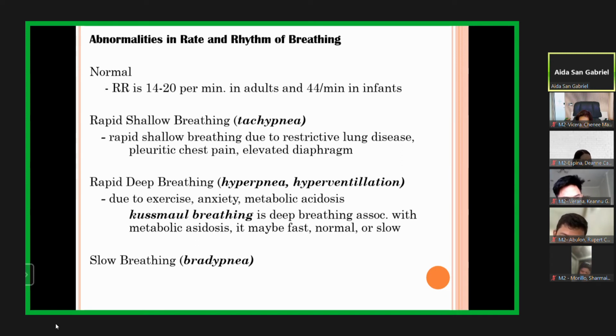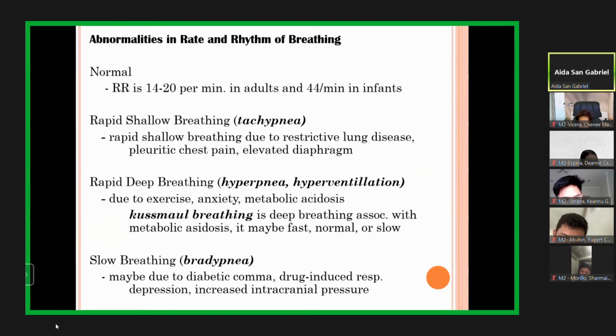Slow breathing, on the other hand, is called bradypnea, which may be due to diabetic coma, drug-induced respiratory depression, and increased intracranial pressure. So you may now use these terms: tachypnea, hyperventilation, bradypnea, Kussmaul breathing. You should now practice using these terms.